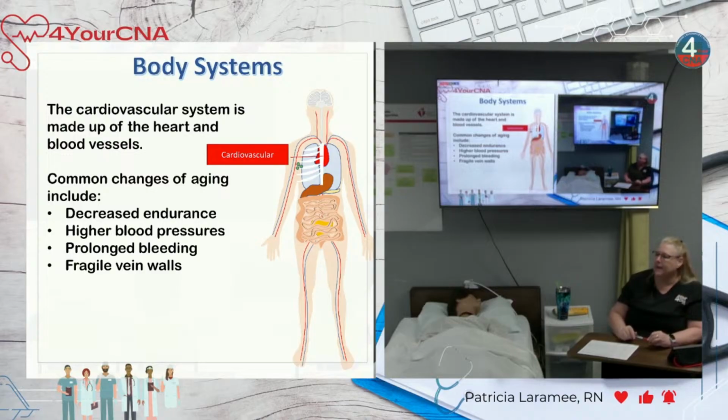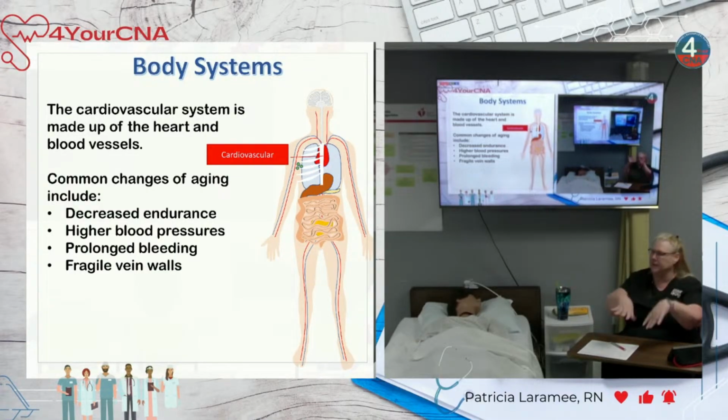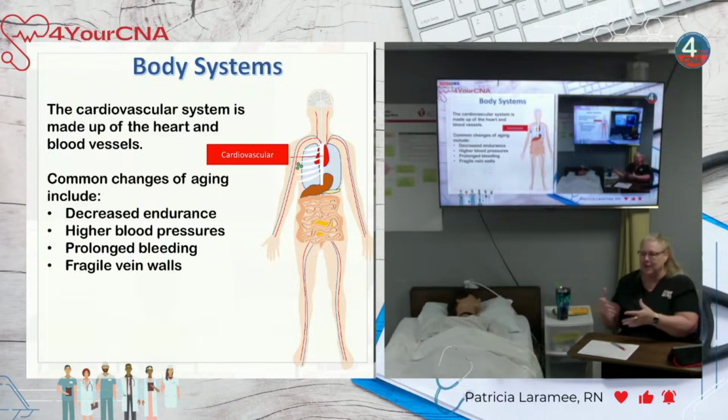But this body system will also age. So your heart, that when you're young is super strong and beats and pushes out these waves of blood that we learned about last week, right? These waves of blood that go out. Your heart's very strong when you're young. As you age, that heart muscle gets weaker. And instead of squeezing and getting that real good wave of blood out, it kind of goes more like that.